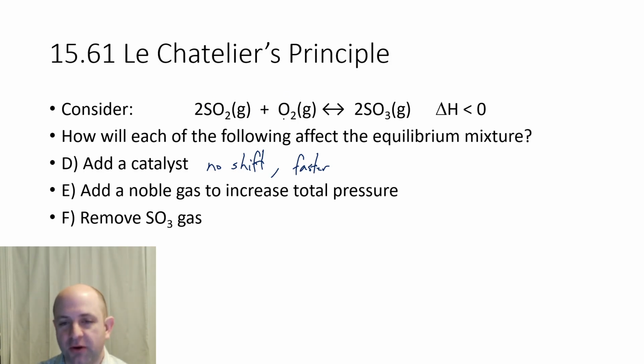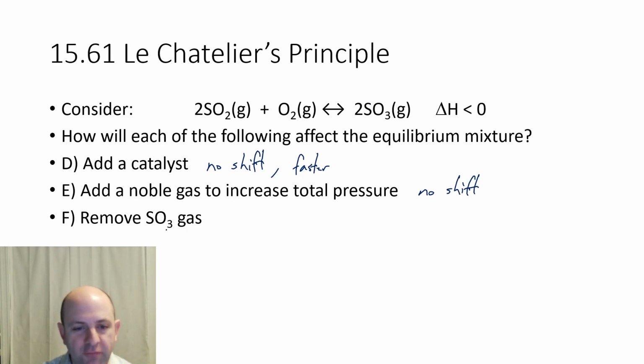We've done nothing to the partial pressure of oxygen. We've done nothing to the partial pressure of sulfur trioxide. If we've done nothing to those numbers that are in the KP, then nothing happens. So when we add a noble gas, again, there's no shift. We've increased the total pressure, but there's no shift at all because those pressures didn't change.